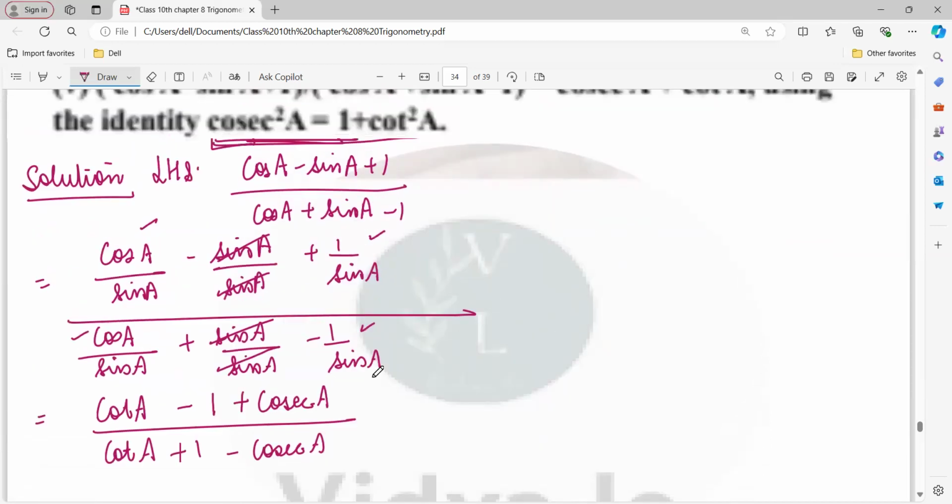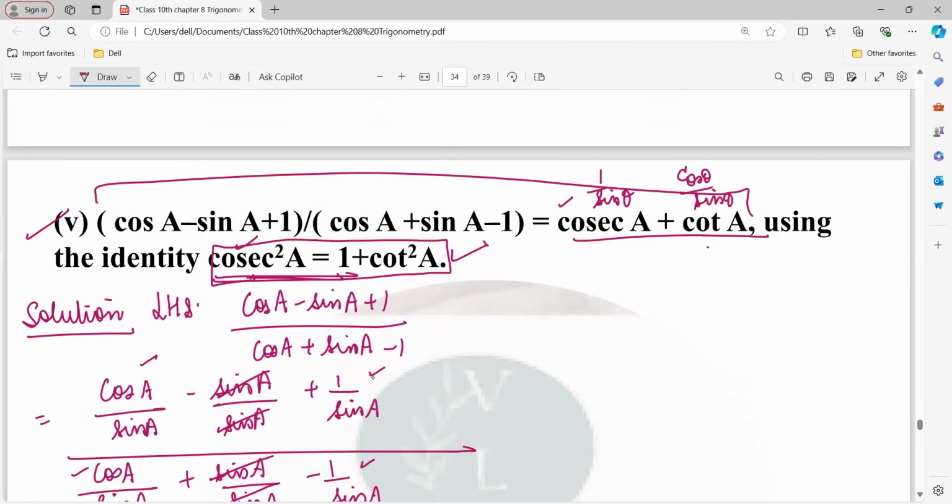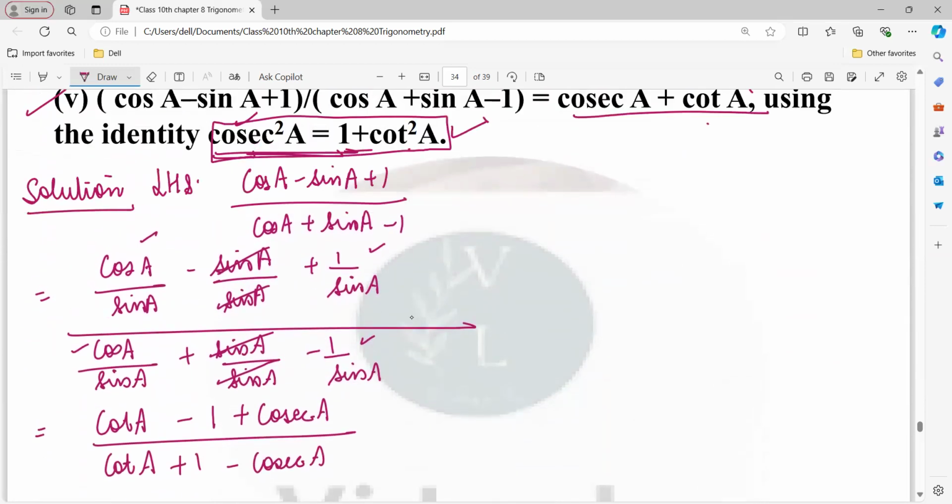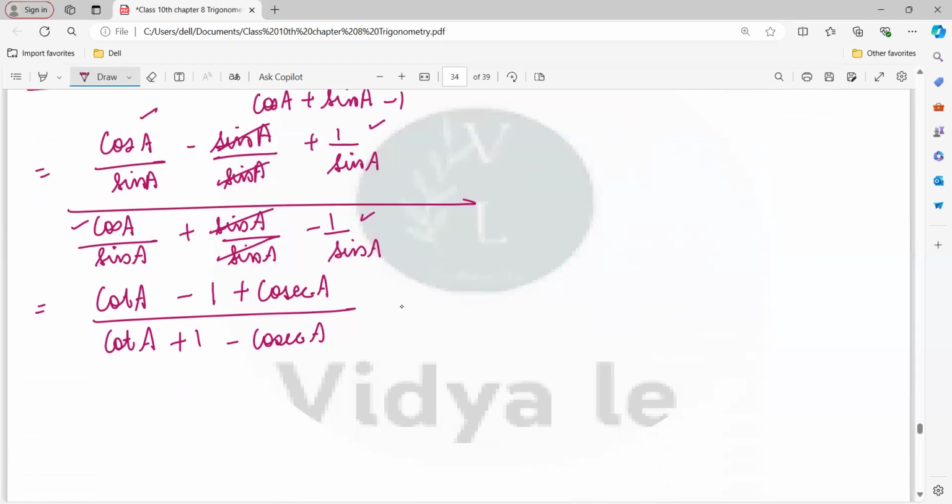Now, we need to use this identity: cosecant square A is equal to 1 plus cot square A. But we do not have cosecant square A, we have the 1. So we'll apply the value of 1 is equal to cosecant square A minus cot square A here. So let's substitute.